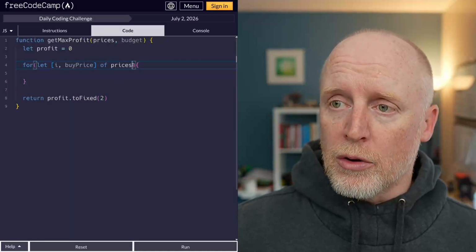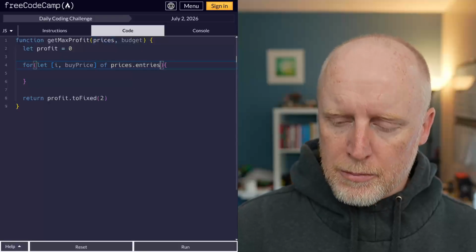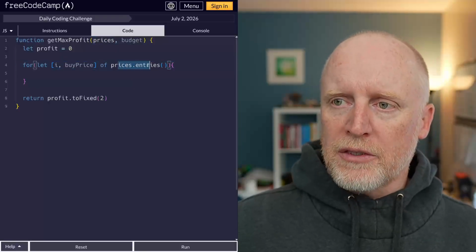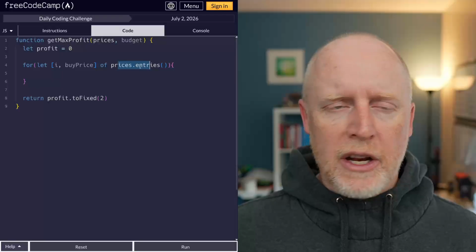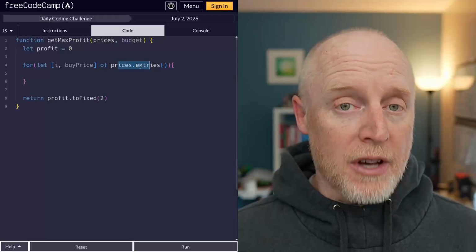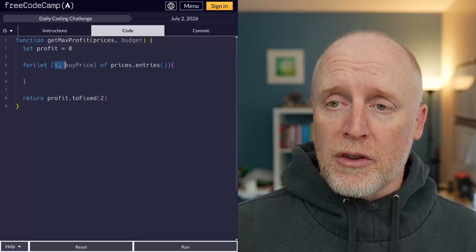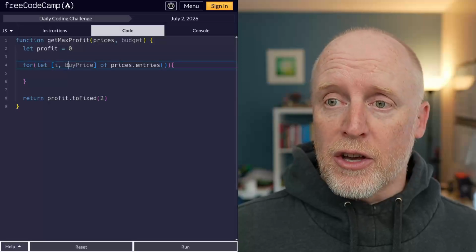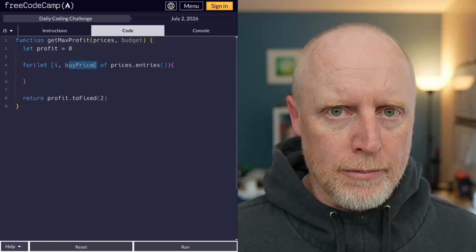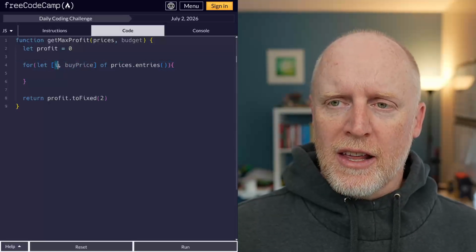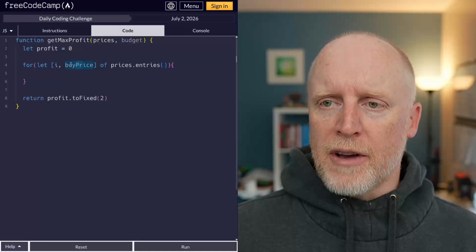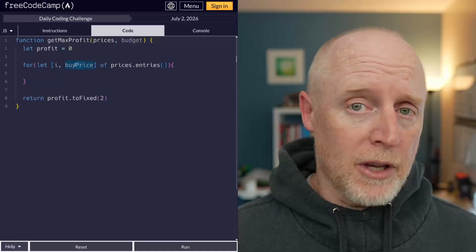Oh, I did it wrong already. Look at that. This should be entries. My bad, okay? So prices.entries will turn it into an array of tuples, where the first value will be the key and the second value will be the actual value, right? And in this case, the key is a number. The value is whatever the value is, okay?